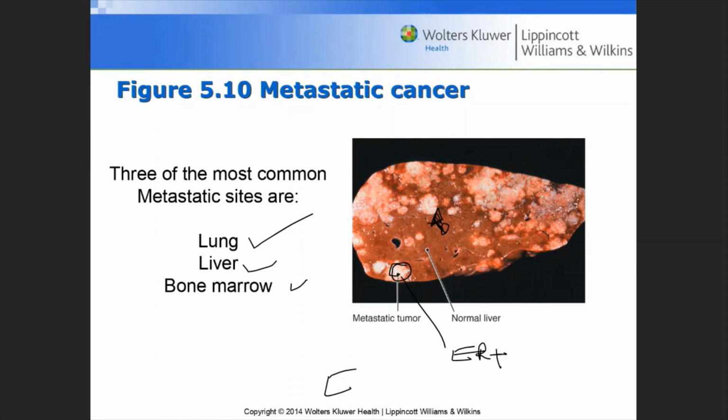EpCAM is one of those cell adhesion molecules that is only found in epithelial cells. So that's an example of how you might differentiate between a metastatic cell and a liver cell that became cancerous.